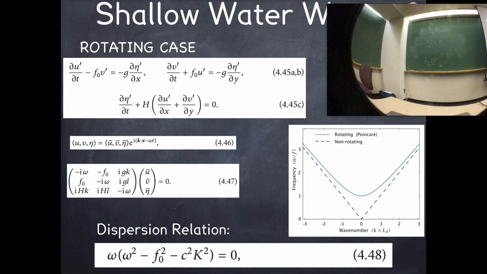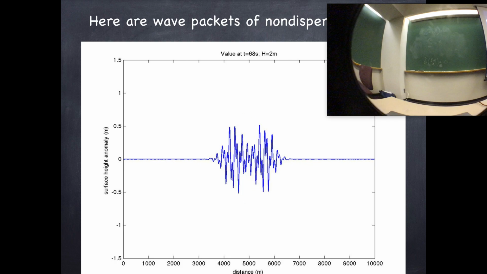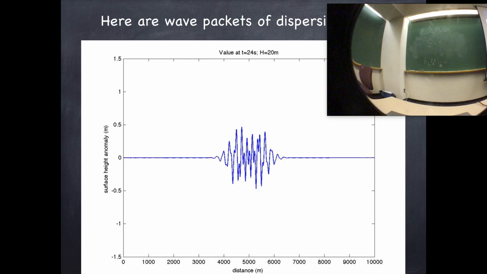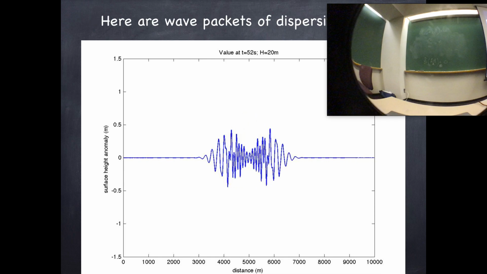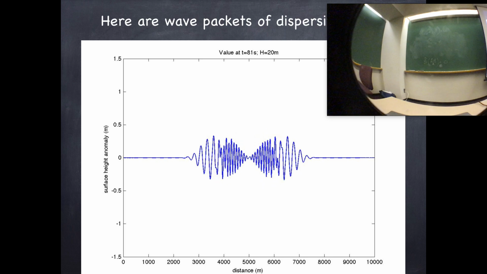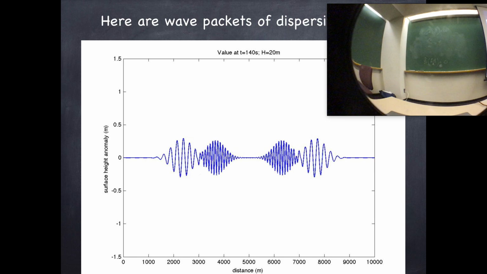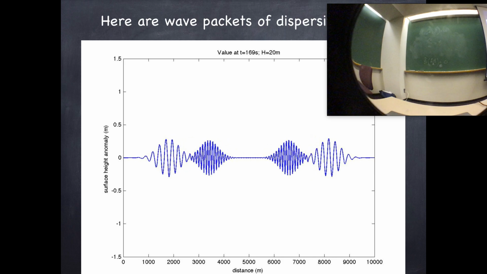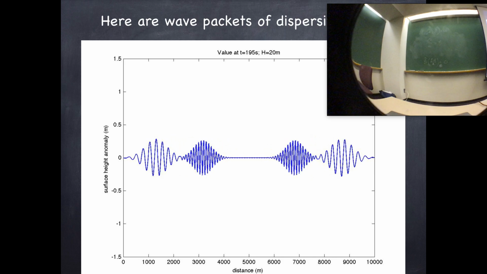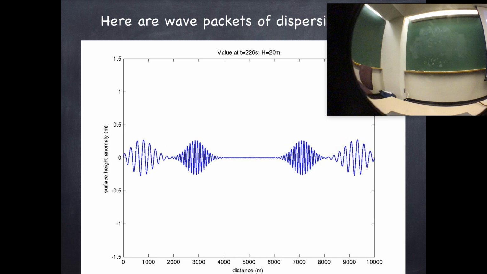So here's an example of a movie of a dispersive wave, same initial conditions. And what you'll see in this particular dispersion relation, the long waves get out ahead of the short waves. The long waves are faster than the short waves.